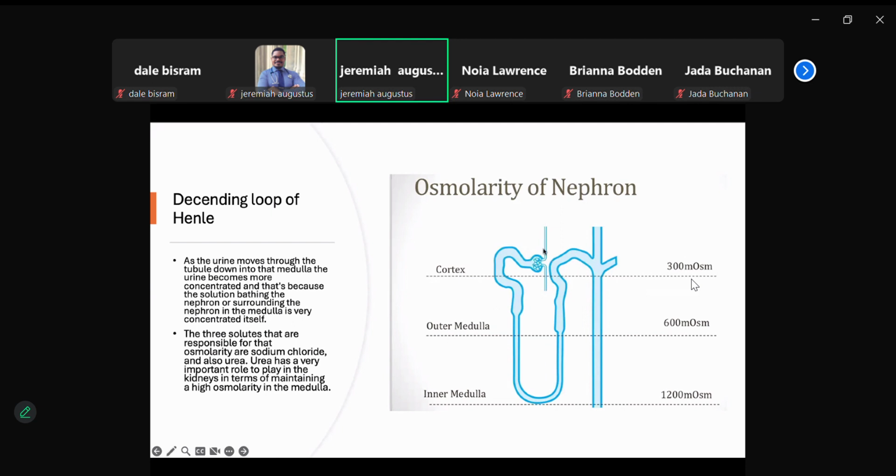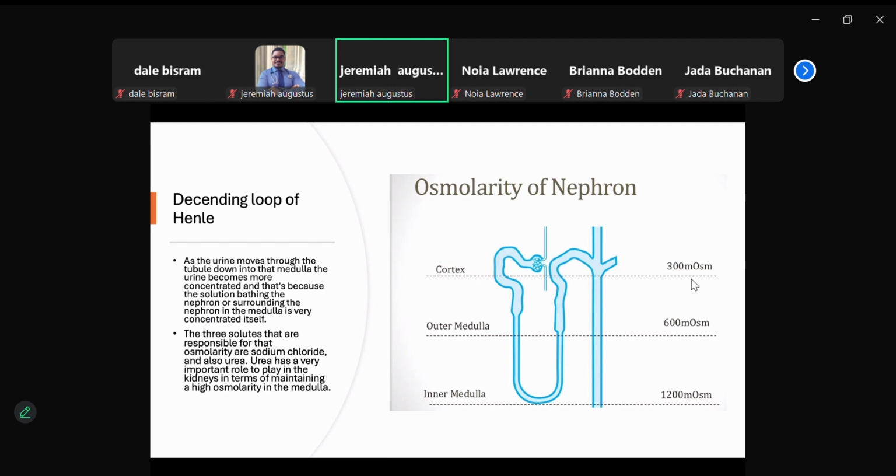What is the osmolality of plasma? 300. So in the cortex, you can't move fluid across because it has the same osmolality, 300. In that part, you have to have your hydrostatic pressure and your oncotic pressure and all of those wonderful things happening.